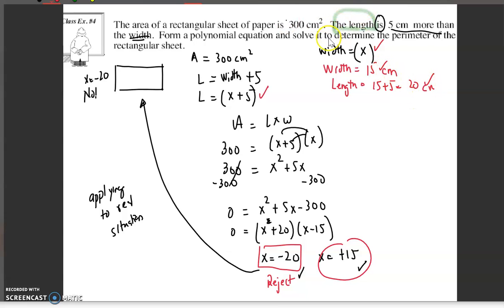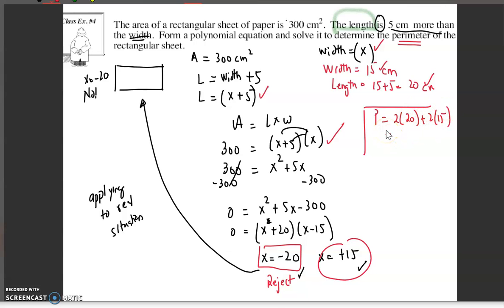Go back and read the question as to what they're asking. Did they ask for dimensions or did they ask for anything else? So they said form a polynomial equation to solve it. We did. And they said solve it. We did solve it. And then the final thing they're asking us to do is to find the perimeter. So always go back and read the question. So the perimeter is going to be 2 lengths plus 2 widths.